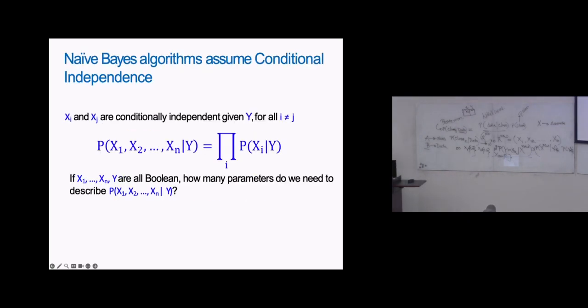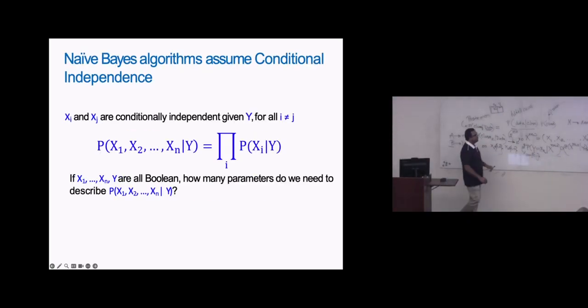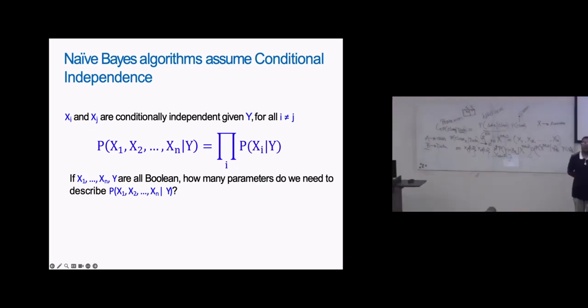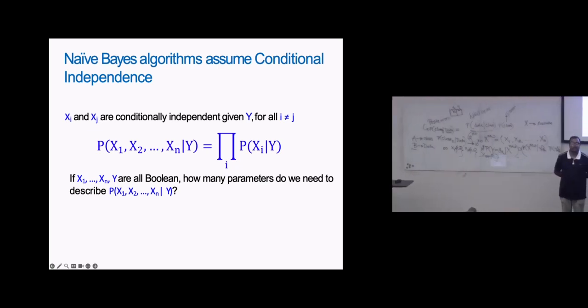So, what do we do? We make a simple assumption, which is a dumb assumption, a silly assumption, but we make it because we have no other way. The assumption is all these x are independent of each other. They don't influence each other.